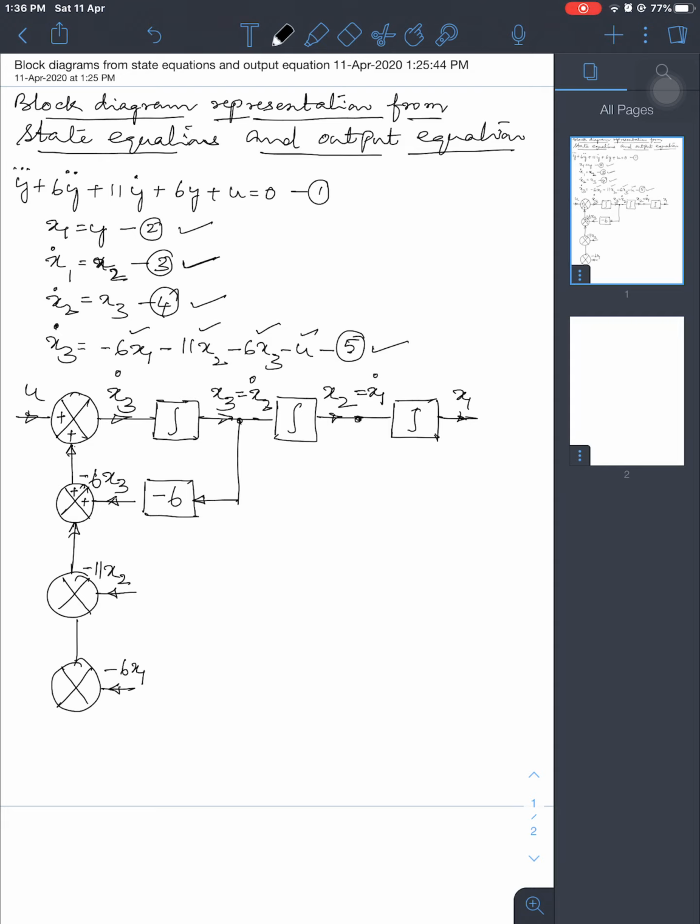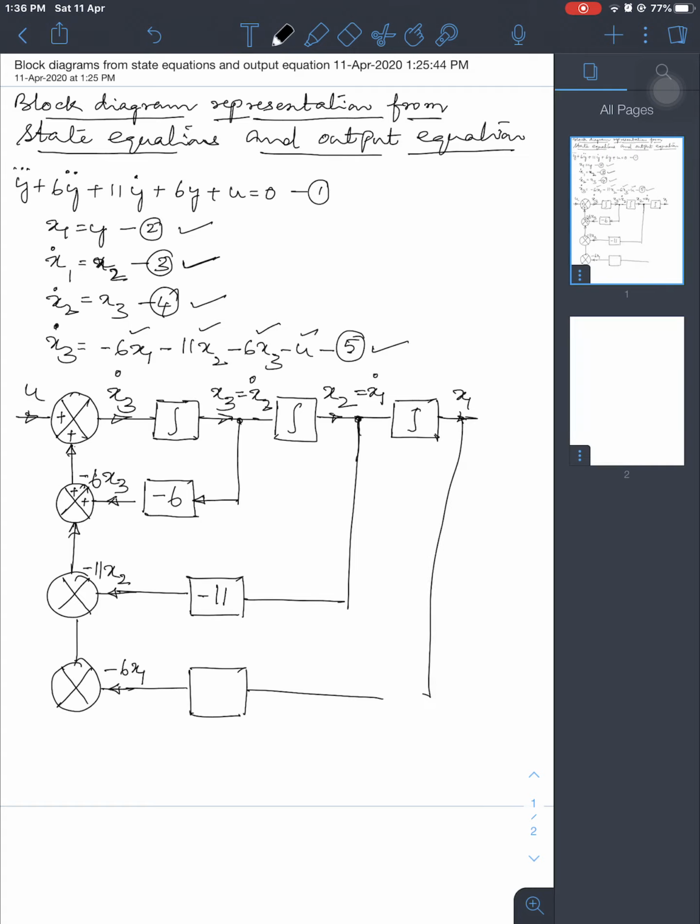And here I am getting x2, so I'll take off a signal from x2, pass it through minus 11, and I'll get that. For x1, this is minus 6 x1. Now x1 equal to y. This completes the block diagram of the given problem.